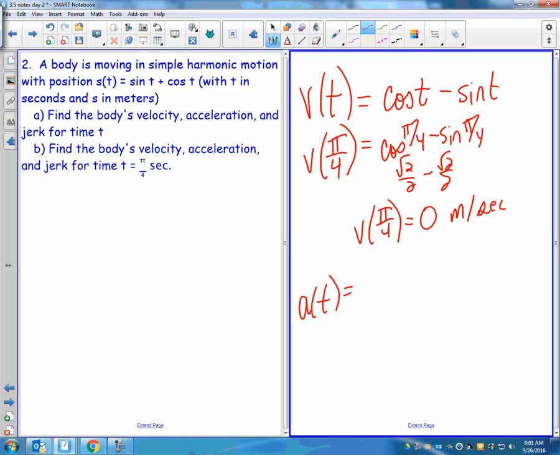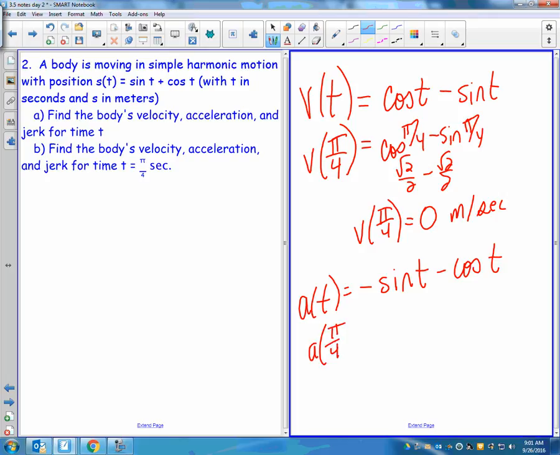Sabrina, how are you feeling about this? What is the derivative of the velocity function? What's the derivative of cosine? And then what would I write here? Yeah, because the derivative of sine is cosine, but there's already a minus sign there. So when I plug pi/4 in this one, is it going to be 0?